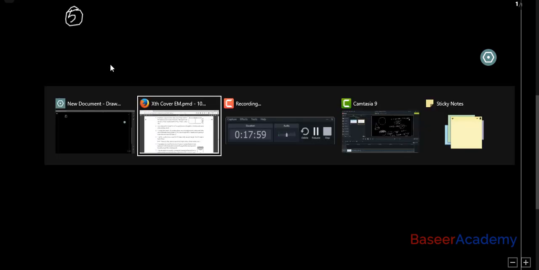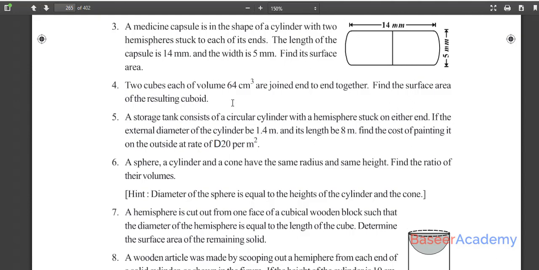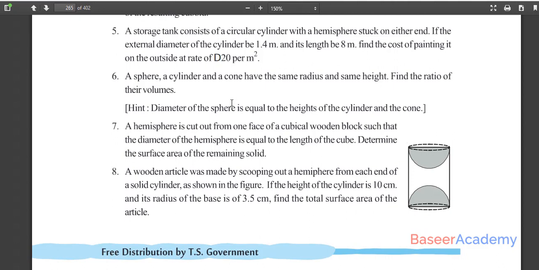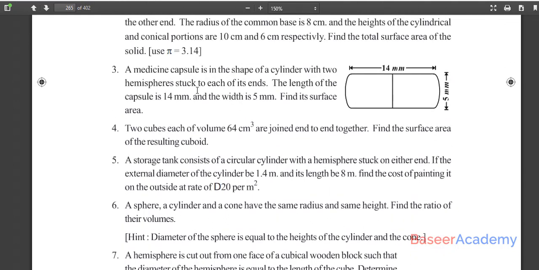Let me work out problem number 5 now. Problem number 5. A storage tank consists of a circular cylinder with a hemisphere attached on either end. Same like the third one. In the third one you had a cylindrical part, and then you have two hemispheres attached to both of its ends, right?